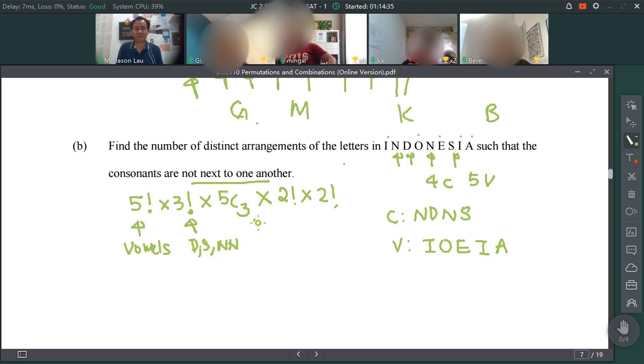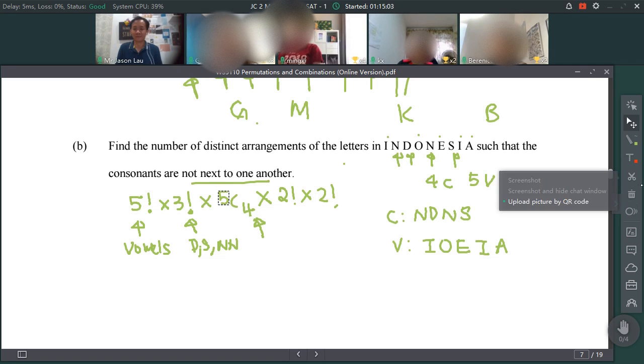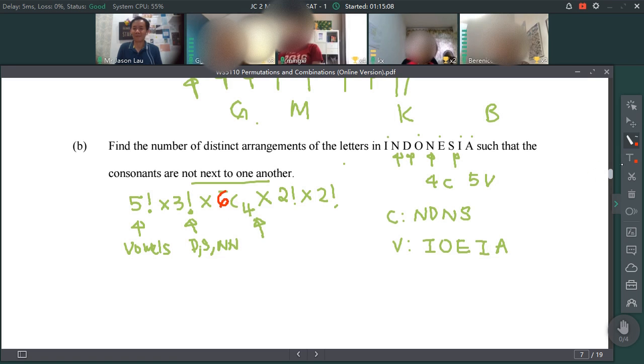Oh no, 5 choose 4, because there's 4 consonants. Okay. Why 5? Sorry, it is 6 choose 4, because there's 5 vowels and 6 slots. Then you choose 4 consonants.